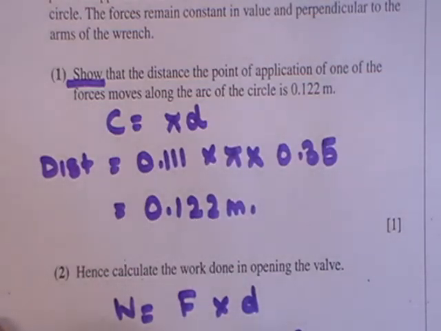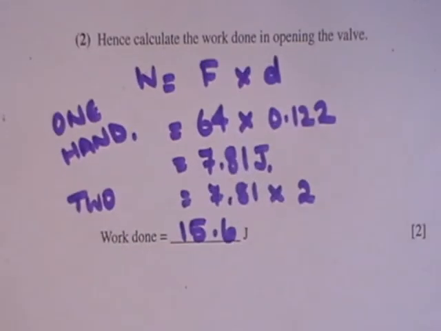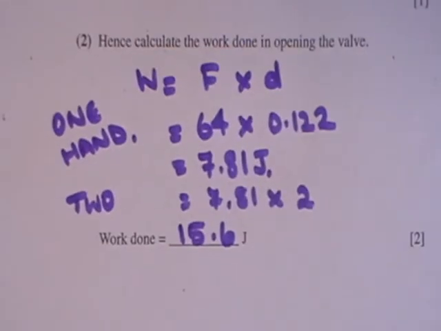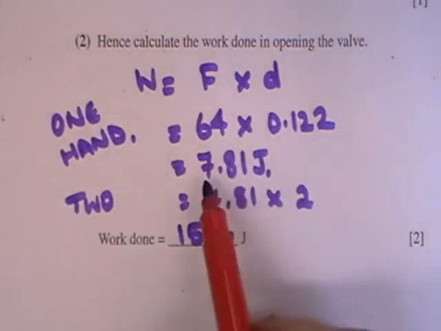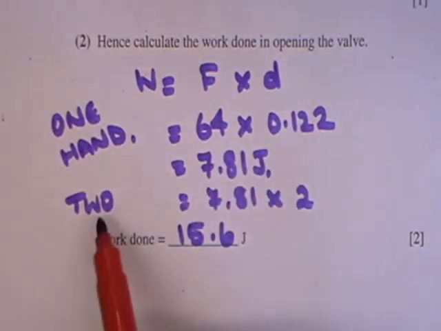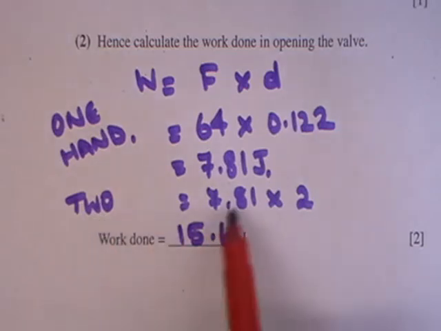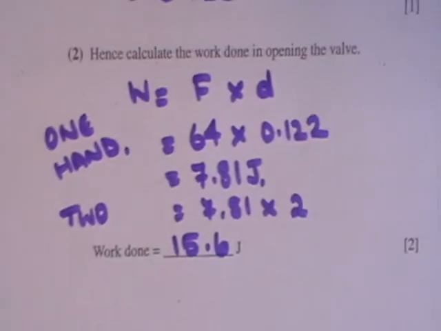And therefore the work done by two hands is equal to 7.81 multiplied by 2. And that comes out as 15.6 joules. So work is force by distance, one hand, 64 by 0.122 is 7.81. Then with both hands, the total amount of work done is 7.81 by 2, which gives you 15.6.